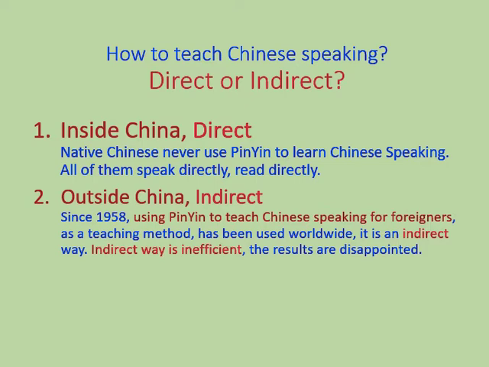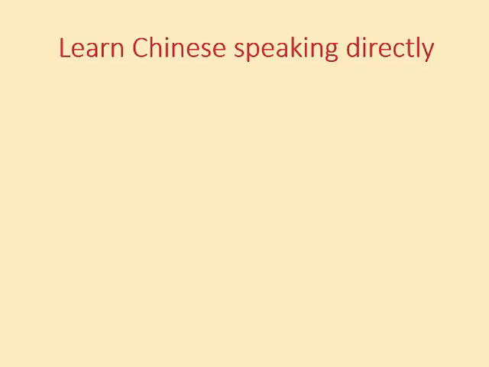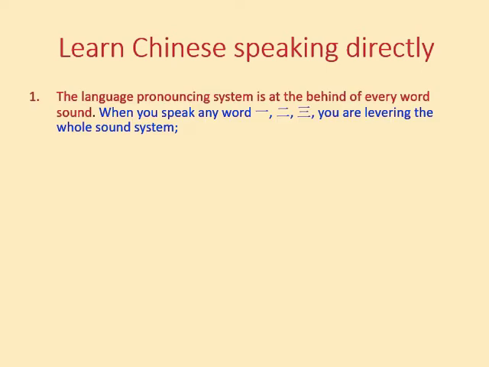The indirect way is inefficient. The result is disappointing. Please refer to the previous video for the detailed explanation. Following, I'm going to explain how to learn Chinese speaking directly.